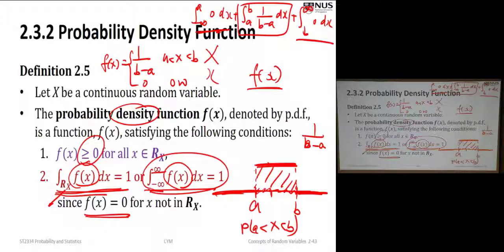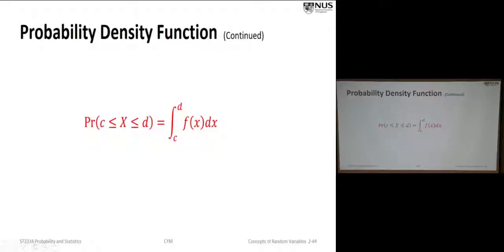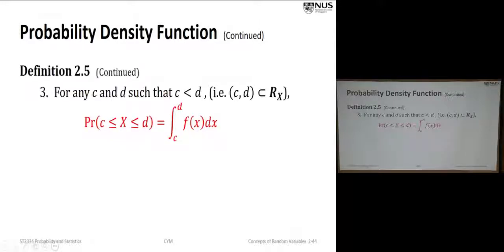But if there's some interval that has a PDF equal to 0, then you can ignore or drop those parts. All right? So this is equivalent to what we see in point 1 and point 2 for the discrete case. This is equivalent to the discrete case, sum of f of x equal to 1. Here, instead of sum, we do the integration. All right?